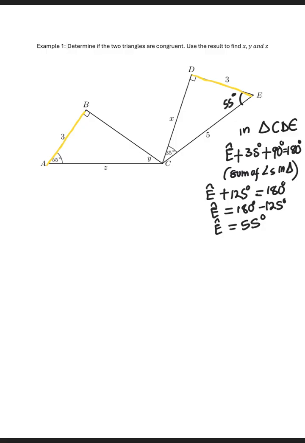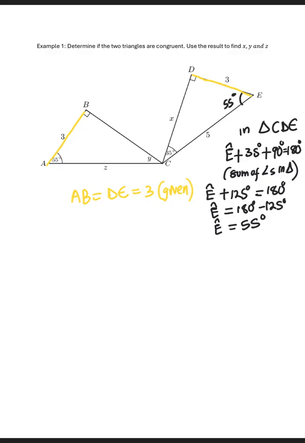So side AB is equal to side DE, and we know that this is basically given, obviously, right? So it's given. Both of them are 3, so it's given.